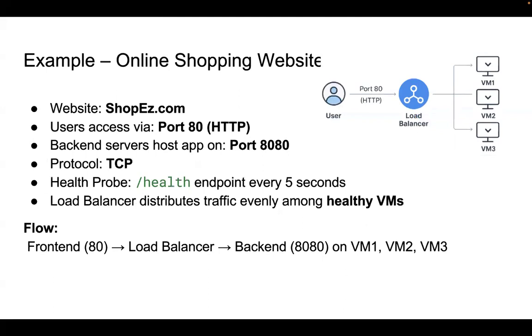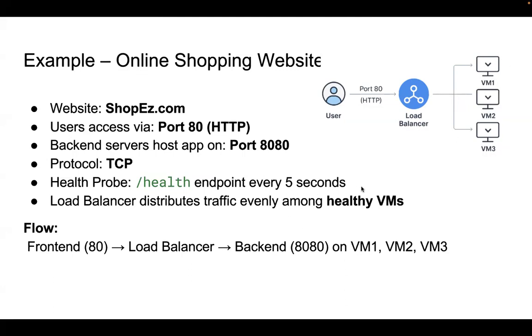Here is one example. Showyes.com is a website where consumers are trying to do shopping. Users are trying to access the website on port 80. They enter through port 80, the requests go through the load balancer, and they come out at 8080 and go to the VMs.